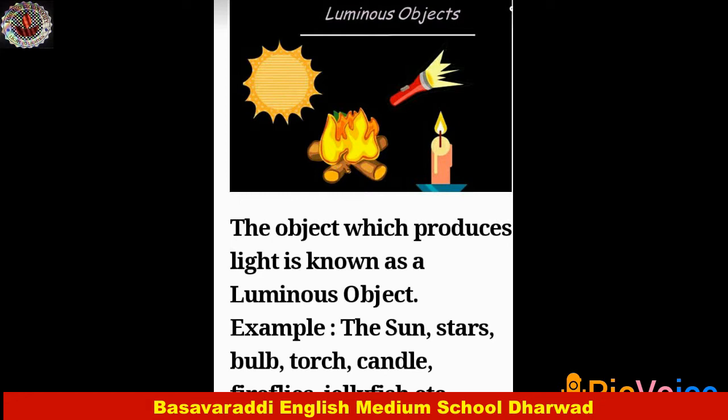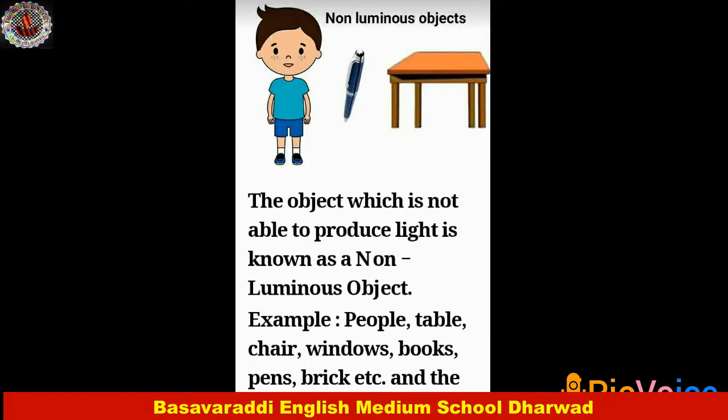What is the non-luminous object? The object which is not able to produce light is called a non-luminous object. For example, people, table, chair, windows, books, pens, brick, etc. and the moon also. These are examples of non-luminous objects.